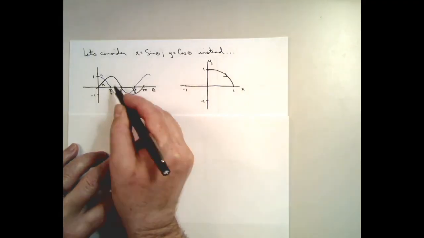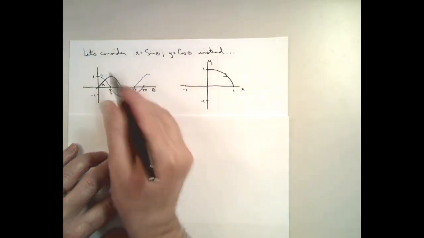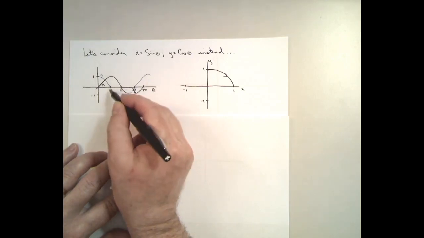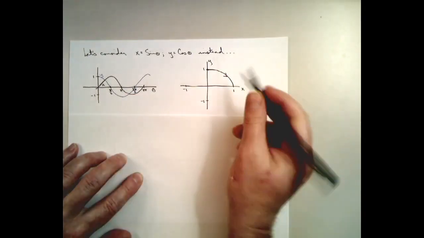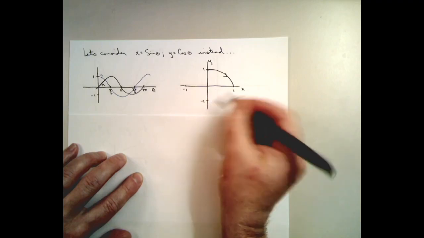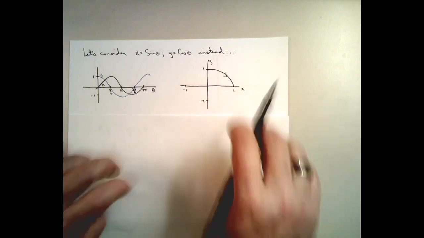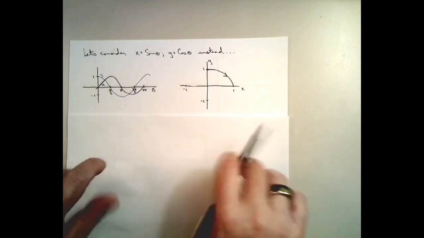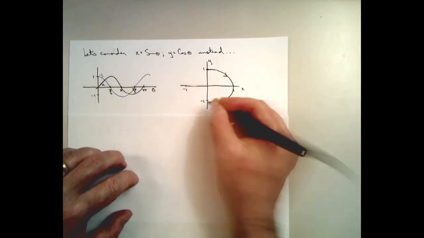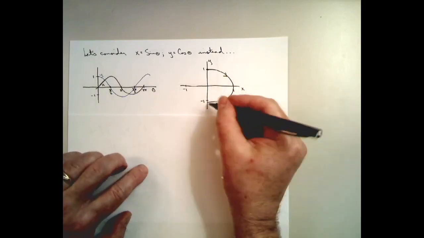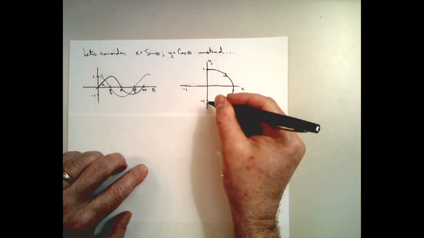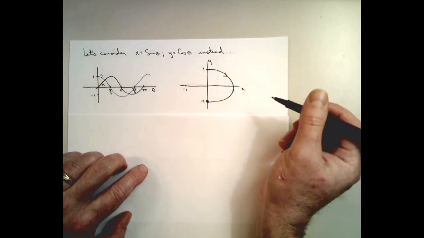And then as I move between pi over 2 and pi, x's now are going to decrease to 0, and my y's are going to continue to decrease to -1. So my x's are going to go this way, my y's are going to go this way. My little Etch-a-Sketch. So I'm going to be decreasing both of them, and that's going to give me that sort of a curve.